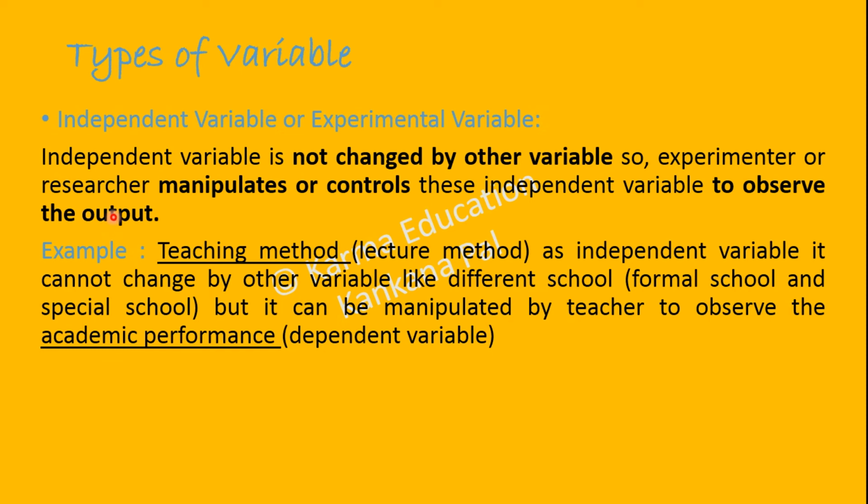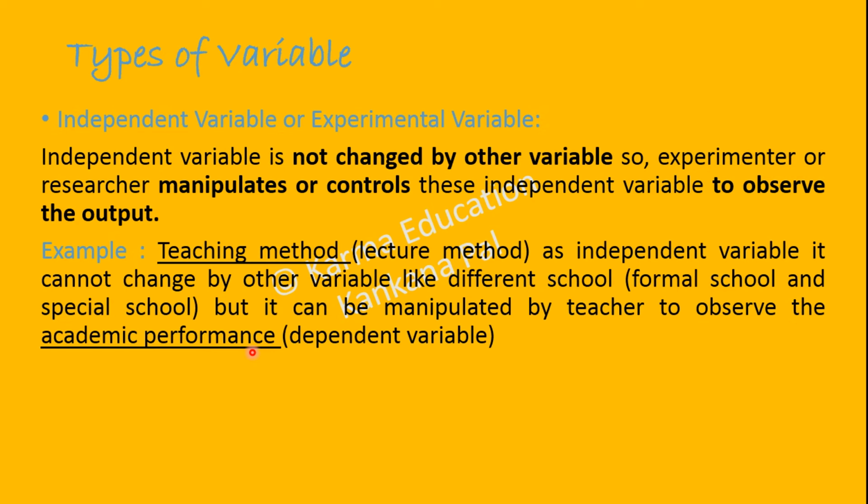For example, teaching method, suppose lecture method, as independent variable. It cannot be changed by other variable like different school, it may be formal school or special school, but it can be manipulated by the teacher to observe the academic performance, which is dependent variable.